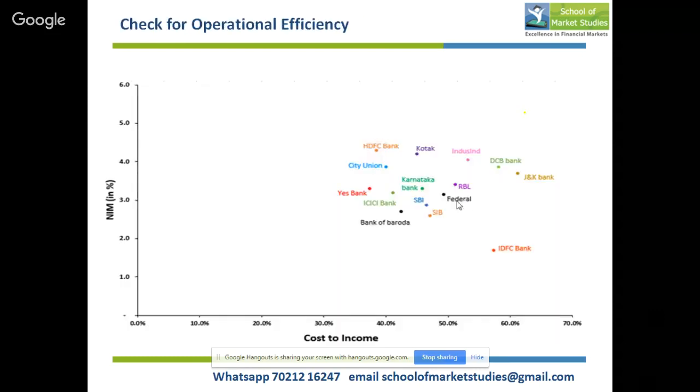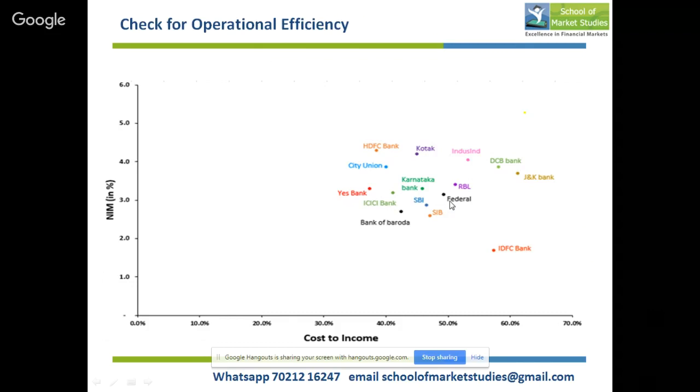So our universe would further be shortlisted to the big boys in the private sector: HDFC, Kotak, IndusInd. We will keep IndusInd because the NIM is high, although it is above 50%. It is fine. RBL is there. And we have this entire pack of banks which we can consider, right?